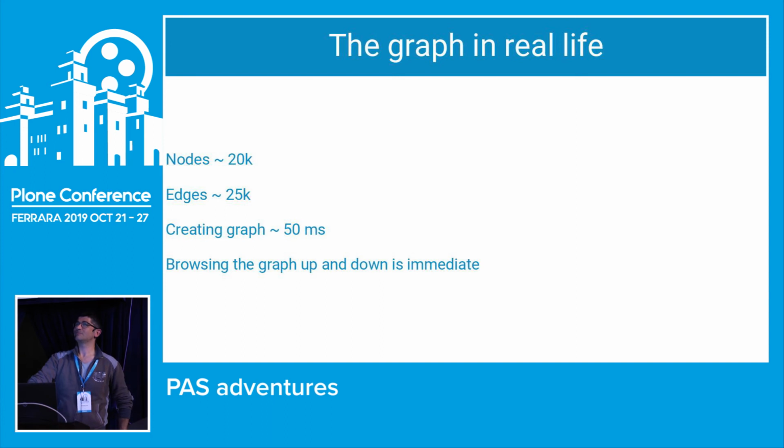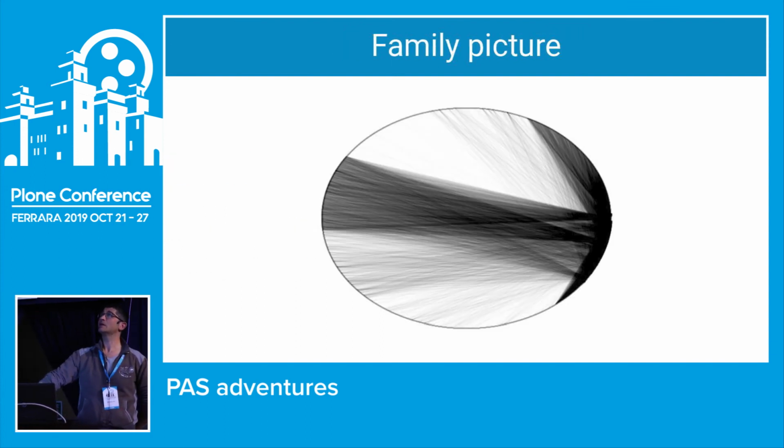Creating the graph was pretty fast, but with these kinds of numbers, NetworkX can work even with millions of nodes and edges, it is not a problem. And of course we can cache that, and browsing from one point to the other of the graph is immediate.